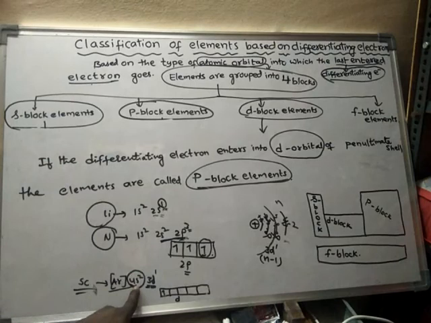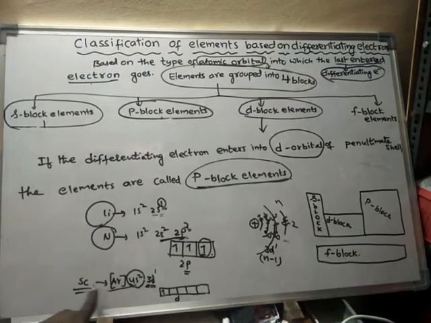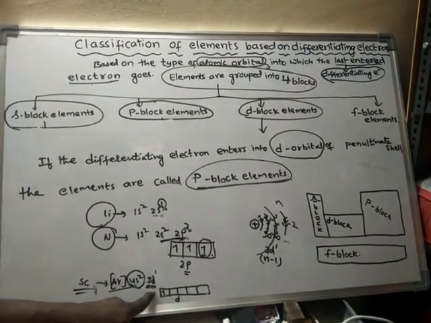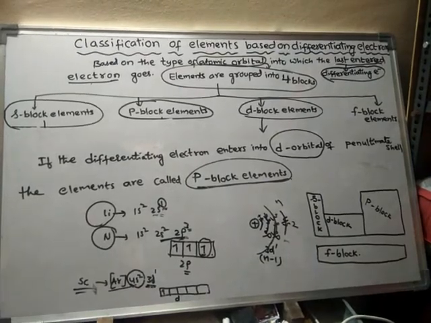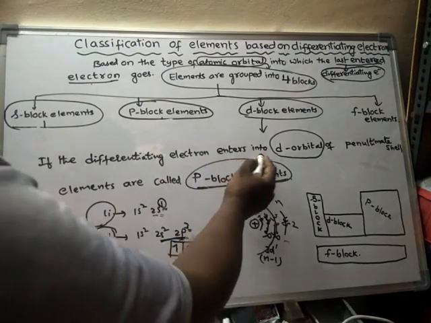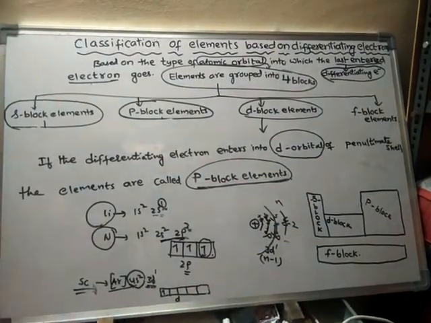After filling of 4s, a new electron is entered into 3d. That means this is the last entered electron in scandium. The last entered electron in scandium is into the 3d orbital, the d orbital of the penultimate shell. So the third shell is the penultimate shell.